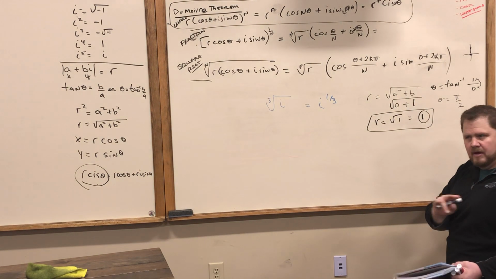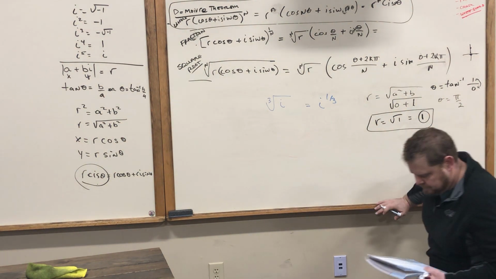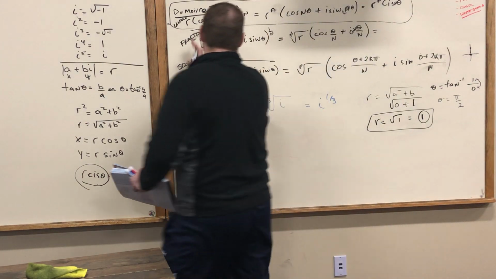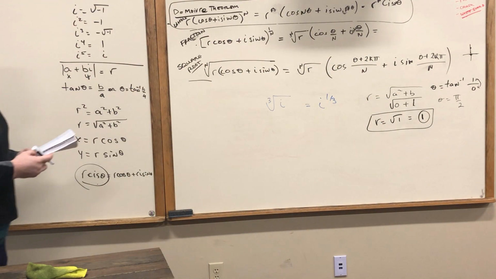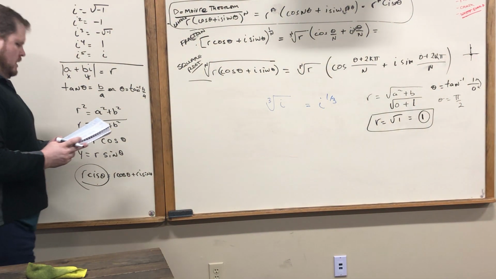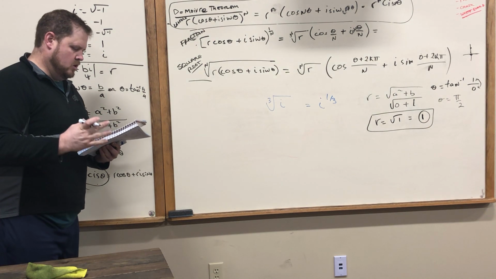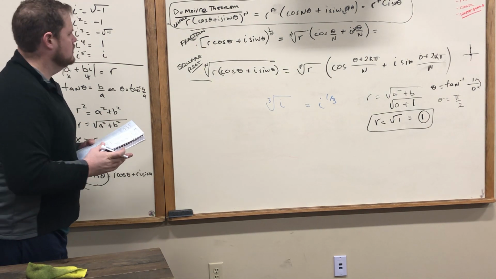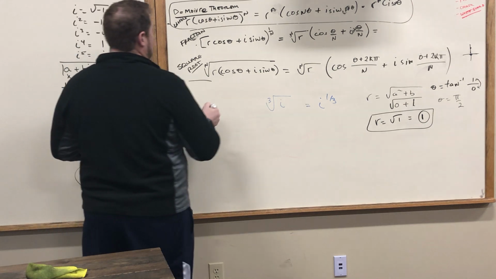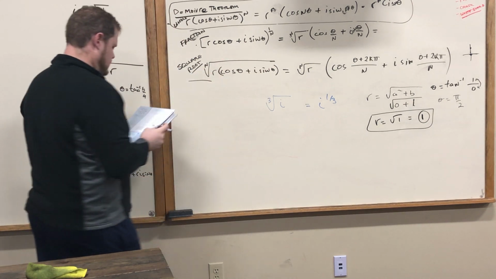So once we have those, now we can use one of these. Which one should we use? i to the 1/3, right? Let's do this one, it'll be the easiest.